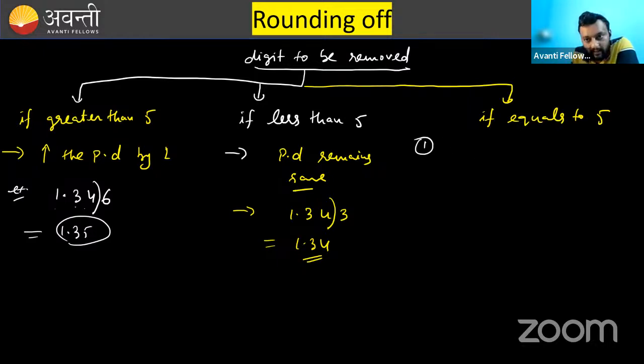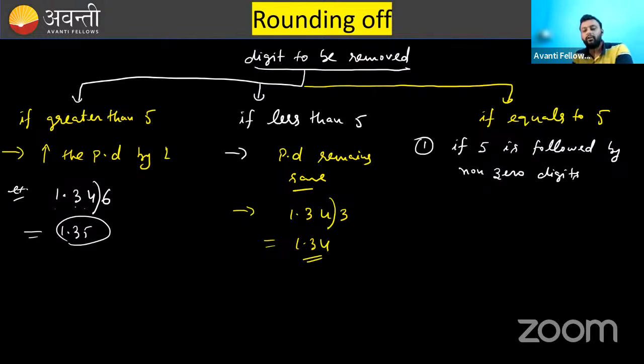First possibility: if this 5 is followed by non-zero digits, then what should you do? Increase the preceding digit by 1.